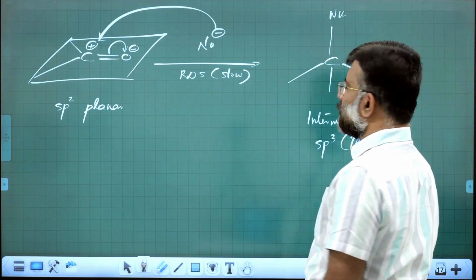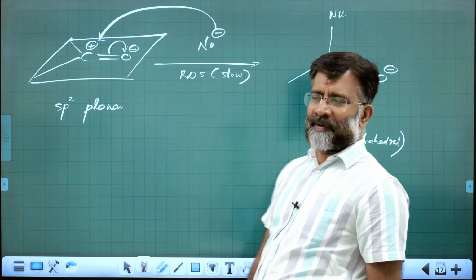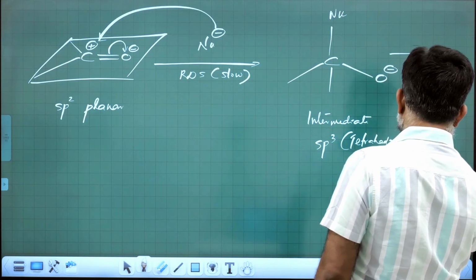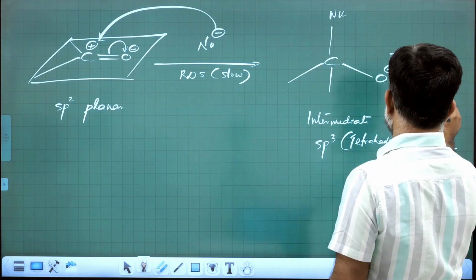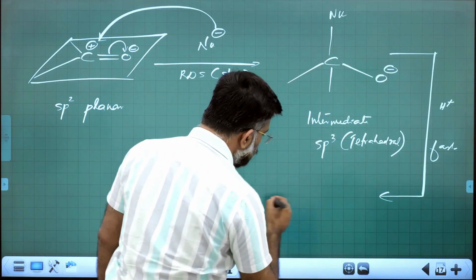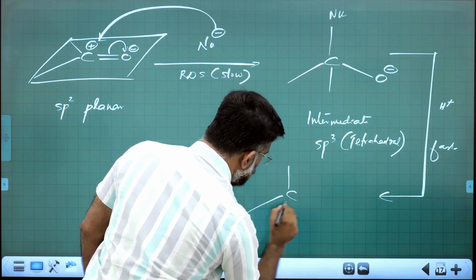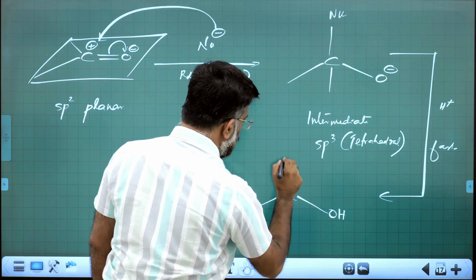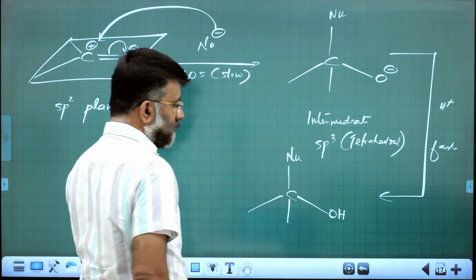The next step, which is a fast reaction, is proton capture. H plus will be captured by O minus usually, and you get OH and the nucleophile here.